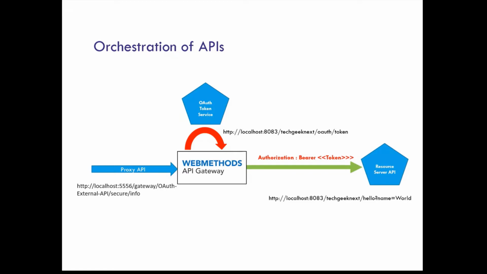So what happens is the request that originates from the client doesn't immediately land on the resource server, but instead the gateway forks the request to a token service, calls the token endpoint, gets back an access token, injects it in the authorization bearer as a header, and hands off the request to the resource server. This then returns back with the secured information and goes back to the client.